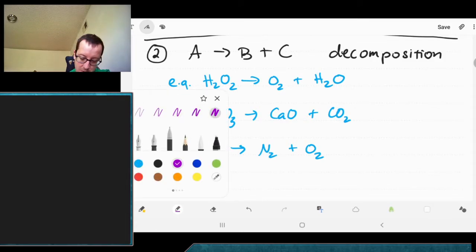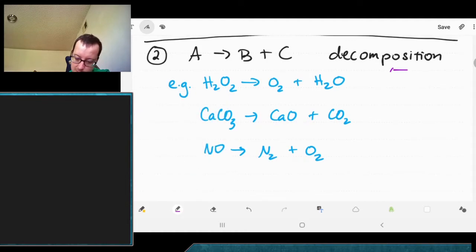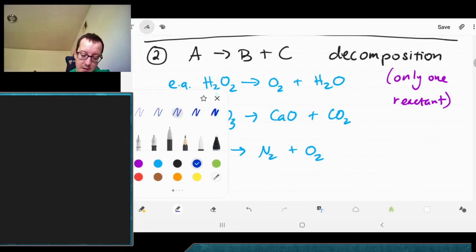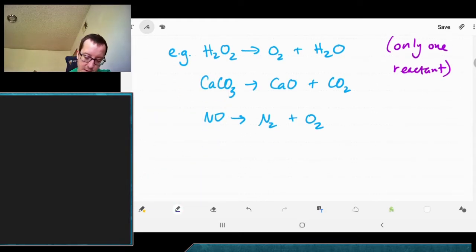That's how you'll know something is decomposition. And there's really only 2 decompositions I want you to be able to predict over this course.